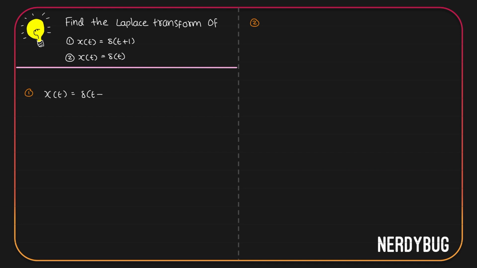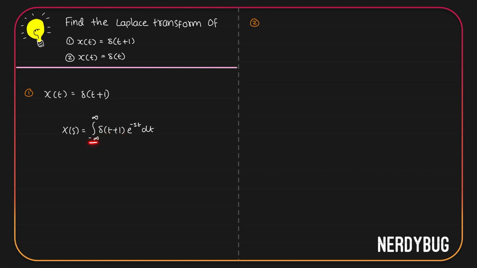X of t is equal to delta of t plus 1. Its S domain representation, x of s is going to be integral from minus infinity to infinity, delta of t plus 1 e raised to minus st dt. Now again delta of t plus 1 has value 1 at t equal to minus 1 and 0 everywhere.